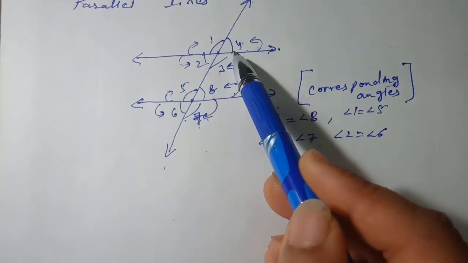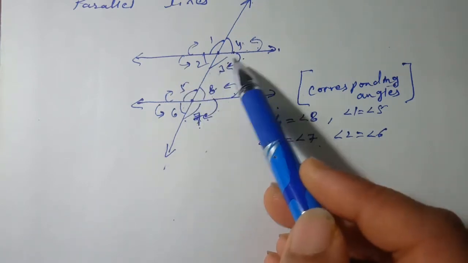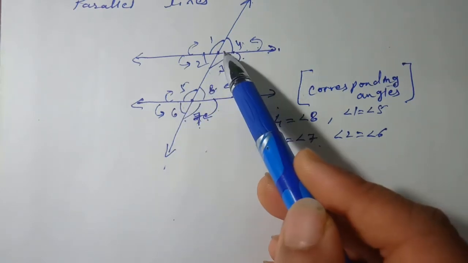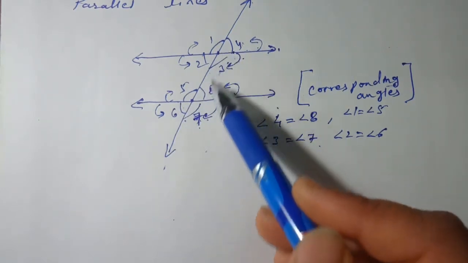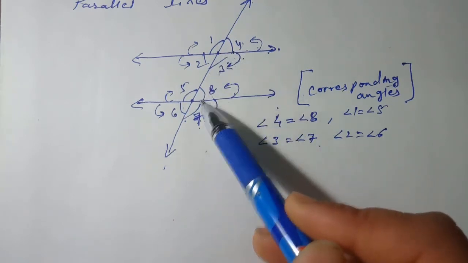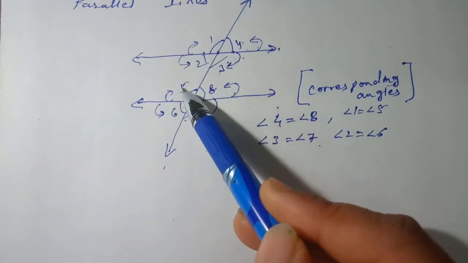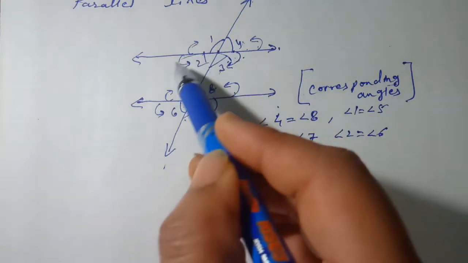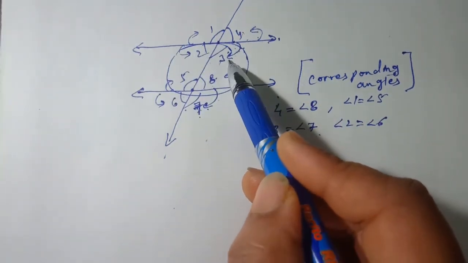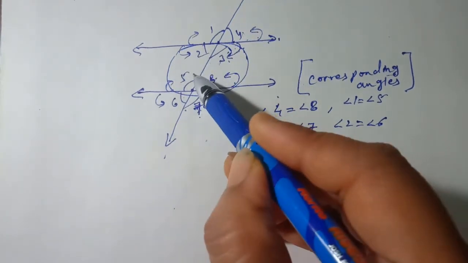Now let us take both sides of the transversal, and first we take inside the parallel lines. If you observe inside the parallel lines, on both sides of the transversal we have 4 angles: 2, 5, 8 and 3. Between these 4, 2 angles form a pair.